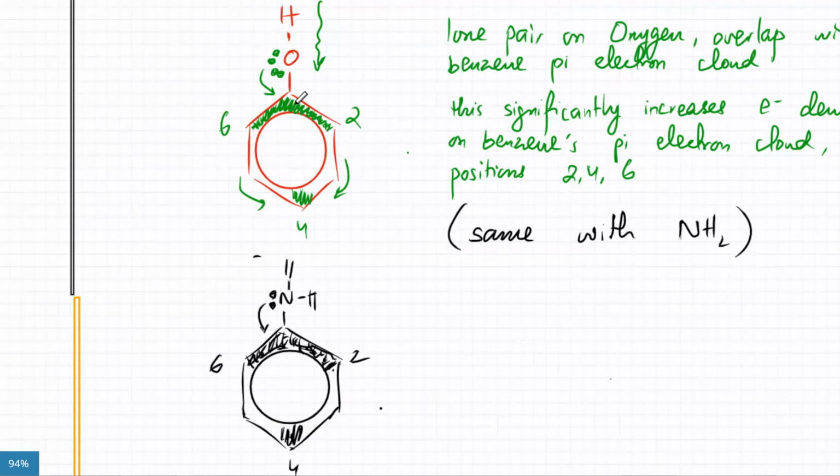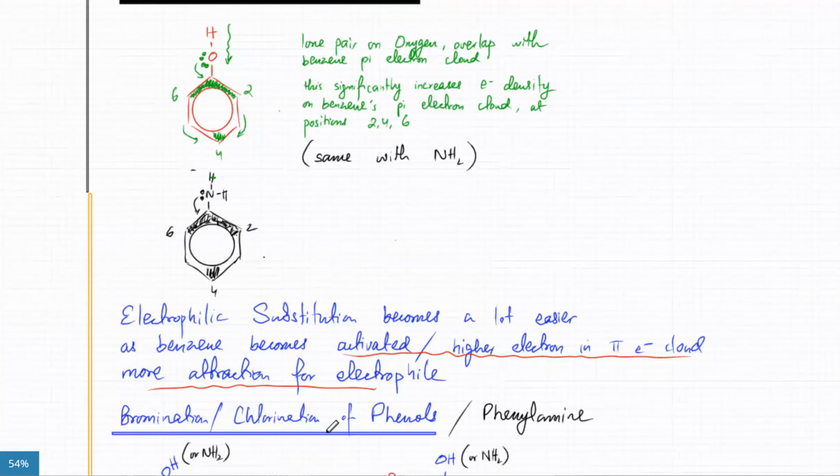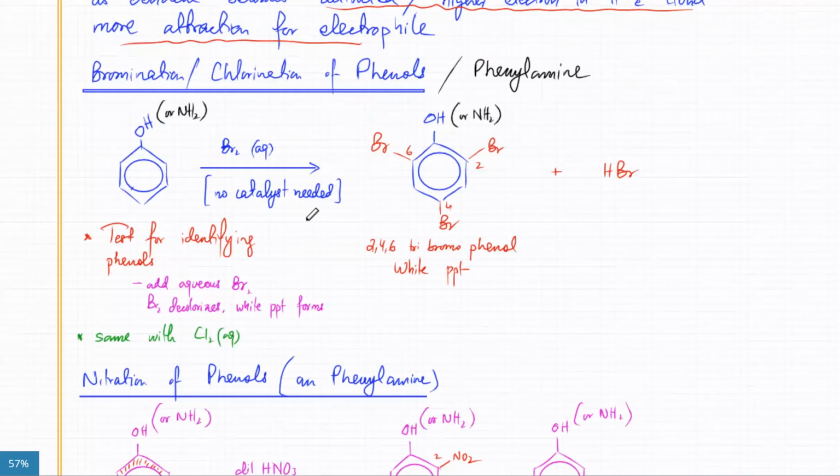So the charge density is pretty high, which is why the electrophiles get more strongly attracted to it. The same is the scenario with NH2, where the lone pair on N overlaps with benzene's pi electron cloud, so the charge density is pretty high. So it's an activated benzene. The reactions are really fast. You don't need a catalyst. Polarization would happen on its own. And the bromine will get attached to positions 2, 4, and 6.